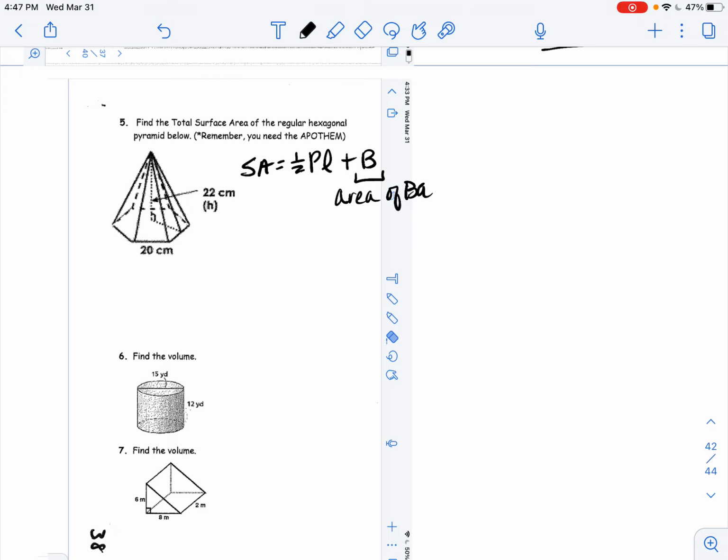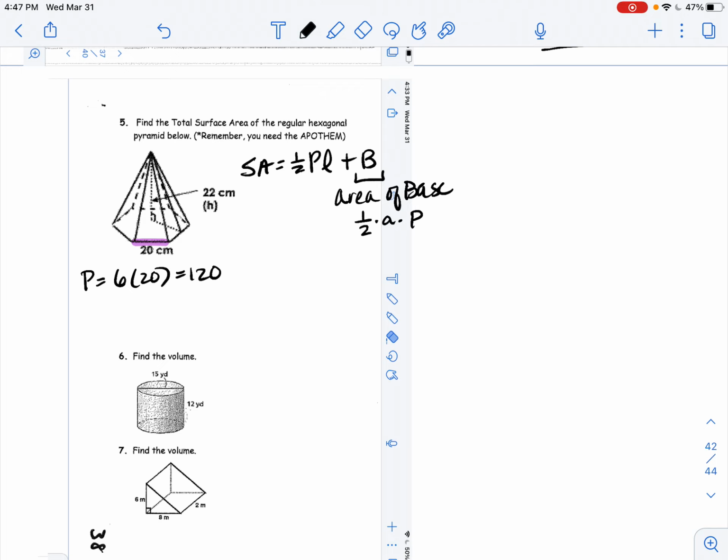This area of the base, well, that's the area of a regular polygon, and so this is 1/2 apothem times perimeter. Okay, so we have a bunch that we need to work out. First thing, let's start with something easy. Let's see, the perimeter. If each side is 20, and I have 6 sides, the perimeter is 6 times 20, which is 120.